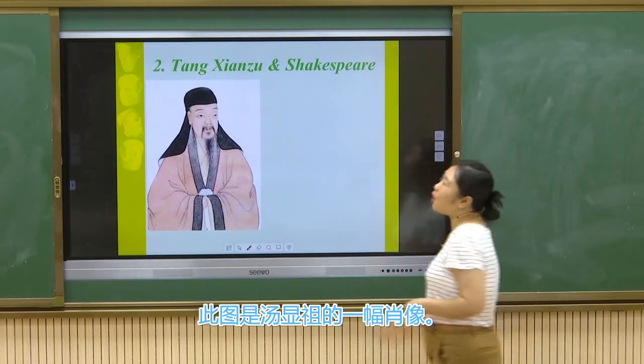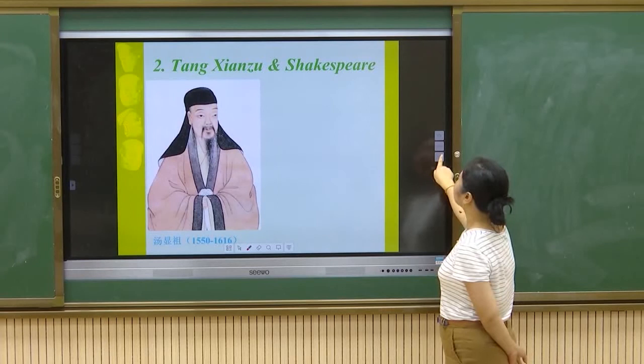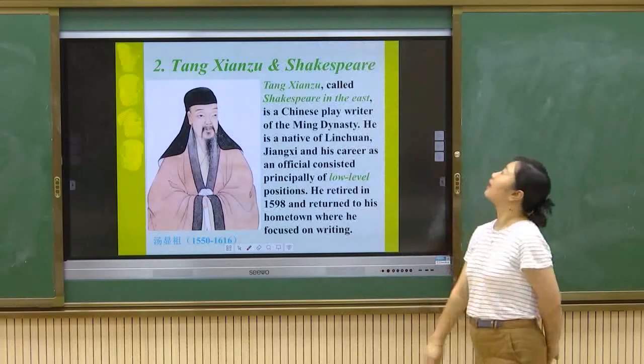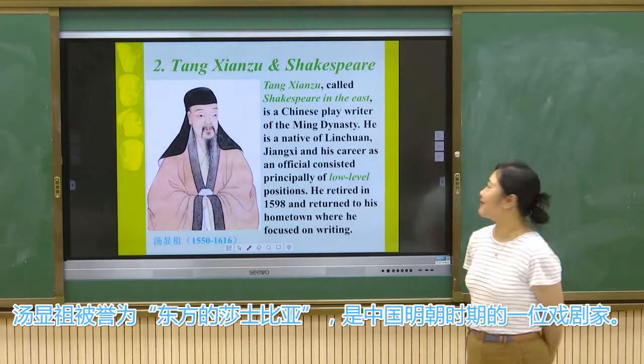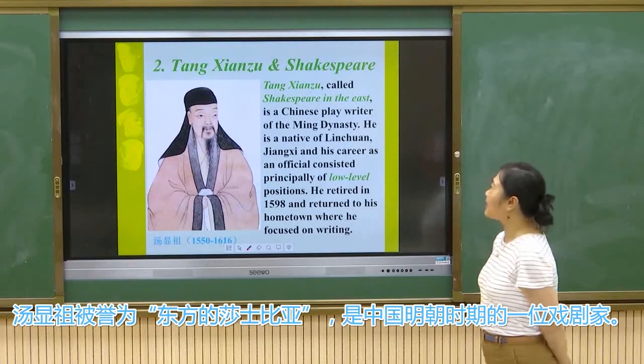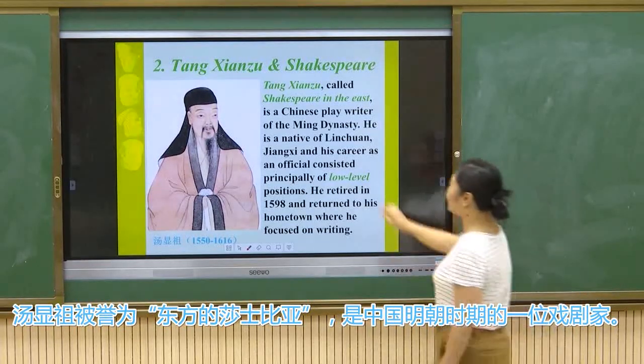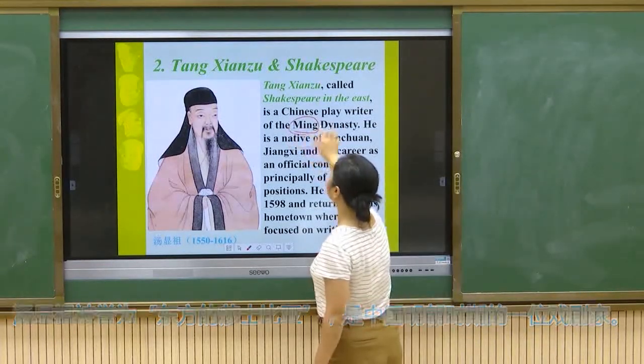This is a portrait of Tang Xianzu. He is called Shakespeare in the East. He's a Chinese playwright of the Ming Dynasty. Okay, Ming Dynasty.